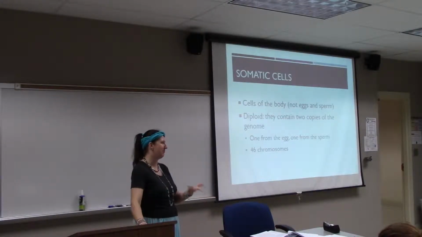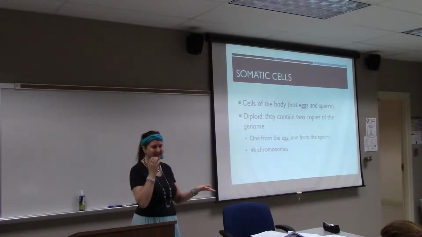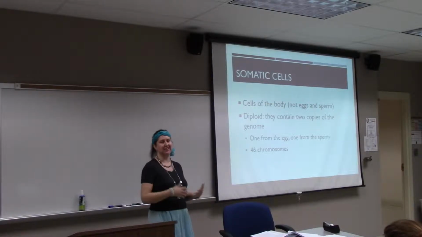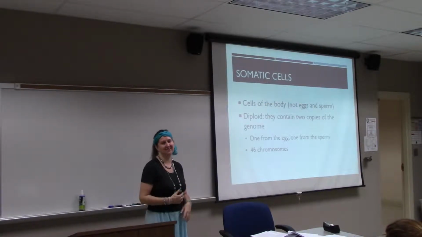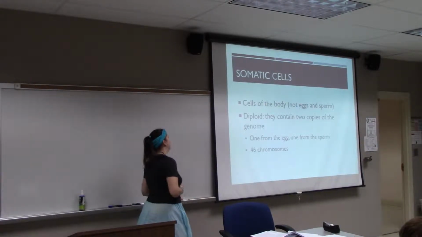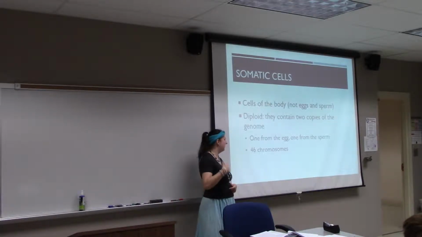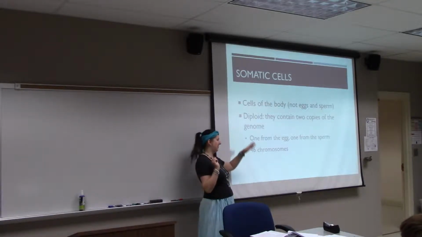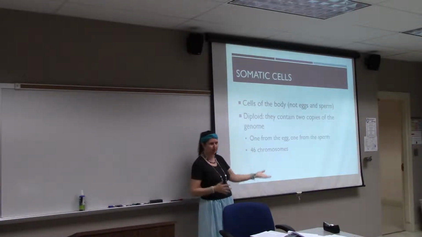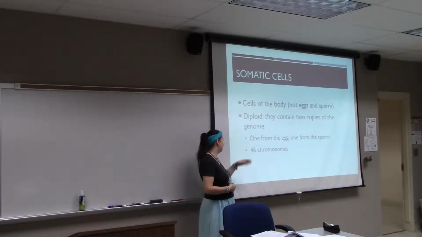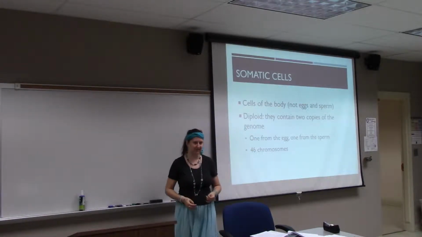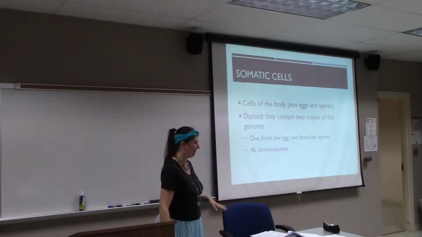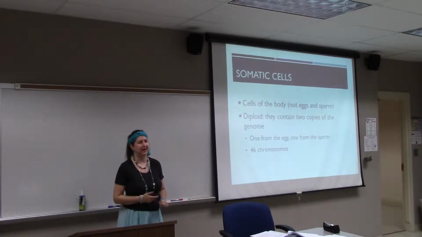We call that half because it's half of what the somatic cells have, but we call the somatic cells diploid for 2 sets. Your somatic cells got one set from the egg and one from the sperm that made you. And so we all have 46 chromosomes, barring any variations that we'll talk about later in the chapter.